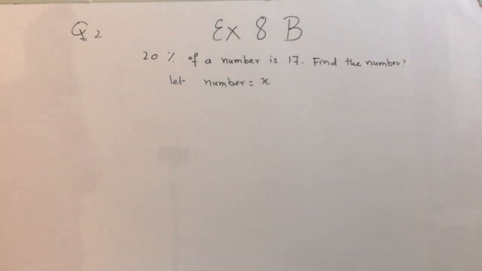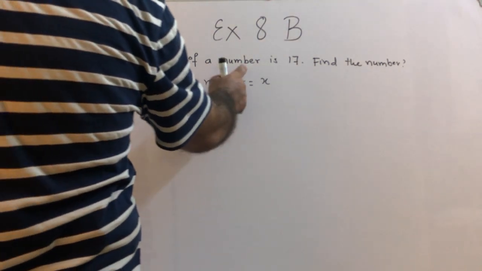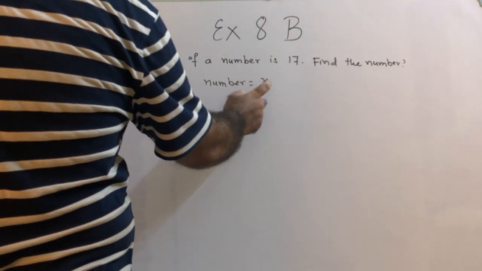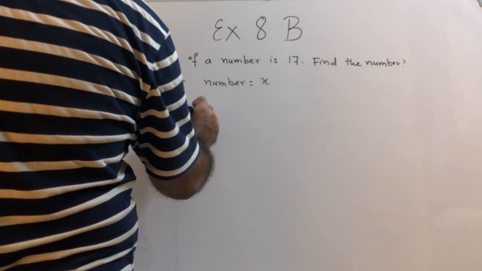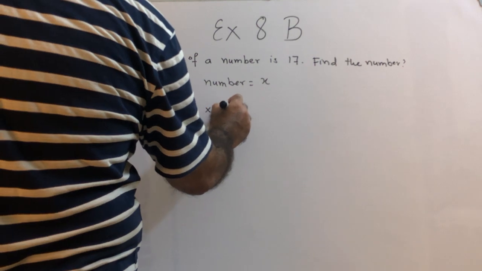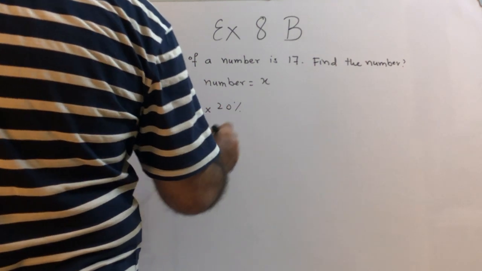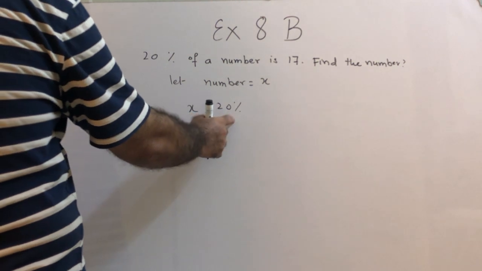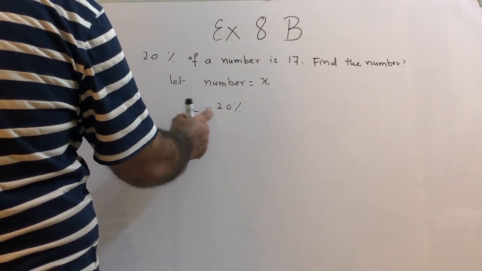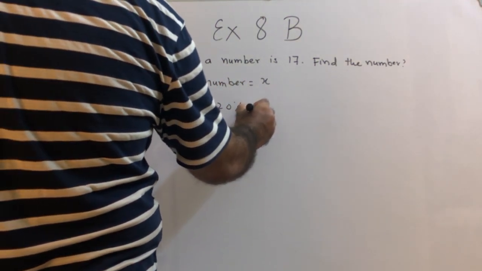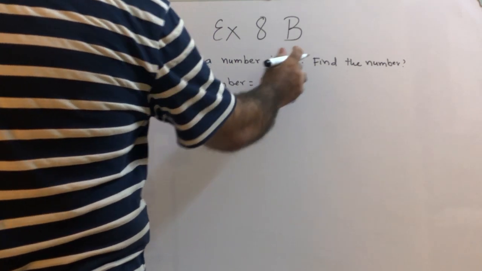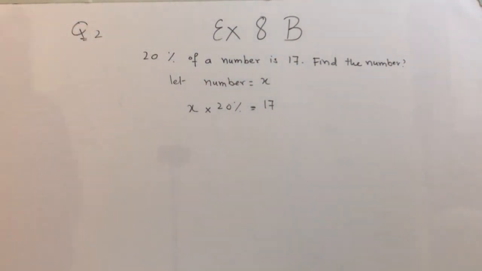We need to find the number, but we have the information that 20% of this number, x, multiplied, gives the result 17. This is mentioned in the statement that 20% of a number is 17. We don't know the number exactly, so we say that the number is x.